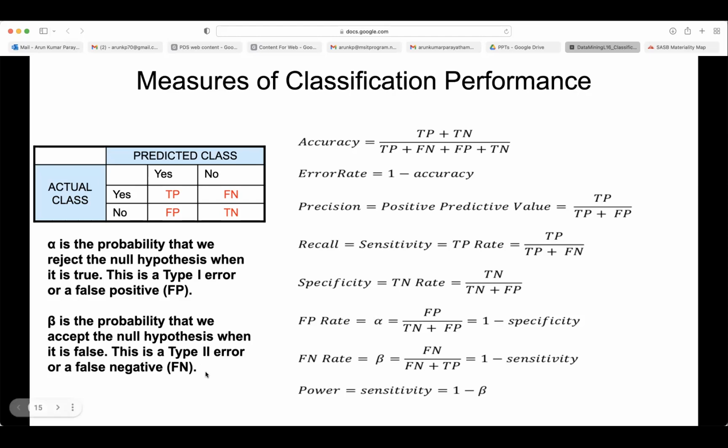That is positive, but it is predicted as negative. That is type 2 error. Most of the cases in imbalanced data sets, FN will cause huge loss to the businesses.